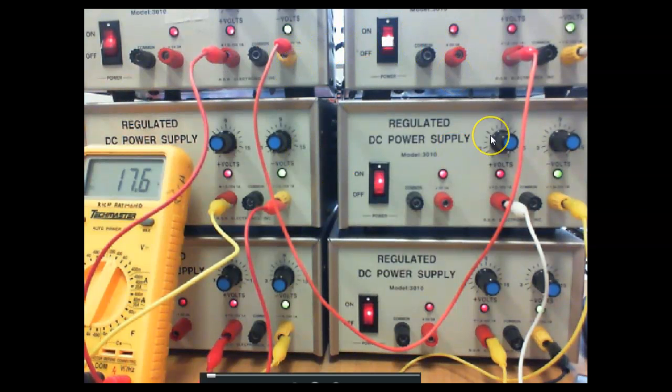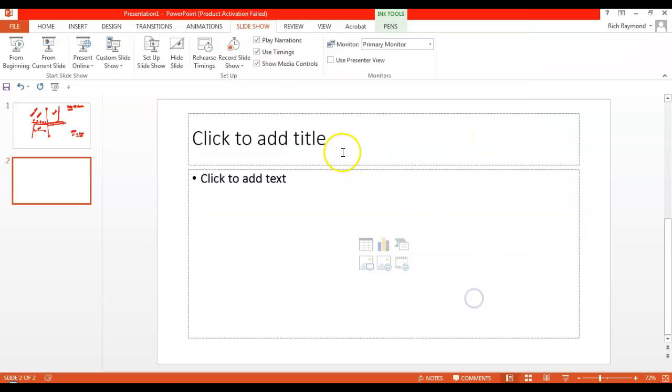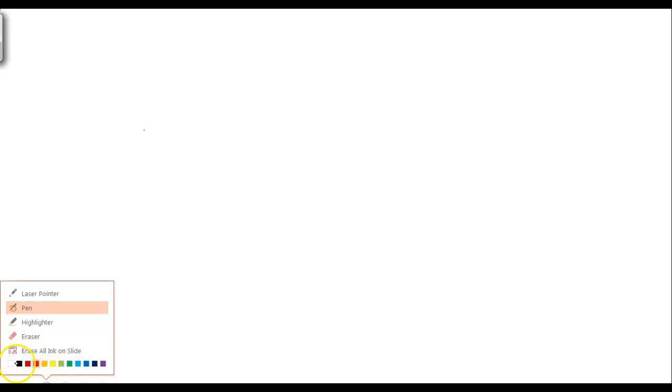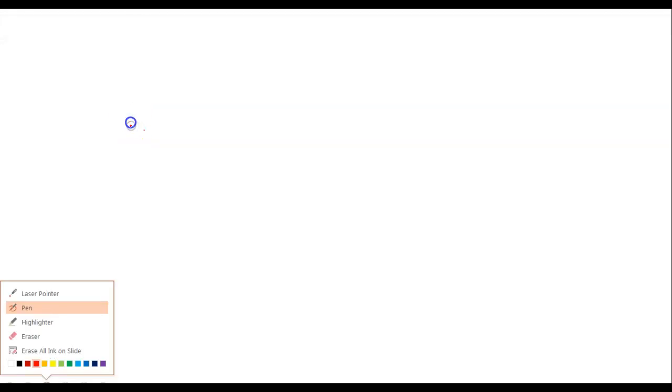So if I was to draw the schematic, the way it's connected up, the way the trainer's wired, it has a positive supply, then it has a negative supply.